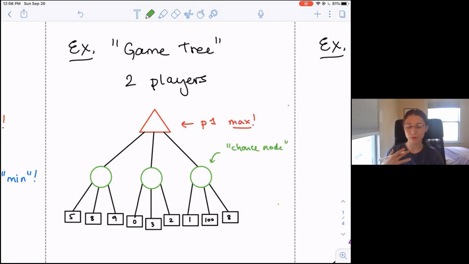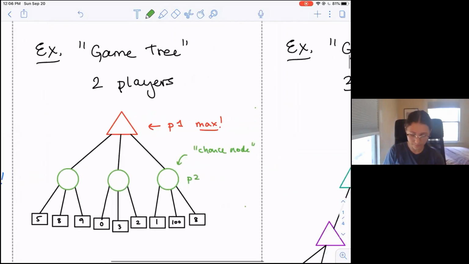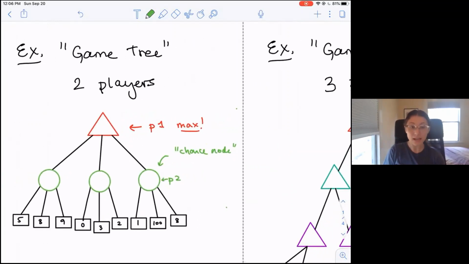where essentially we're writing down some probability of this other agent taking an action and leading to some kind of outcome. So here, all these green circles denote player 2. But now player 2 has some randomness in their behavior.